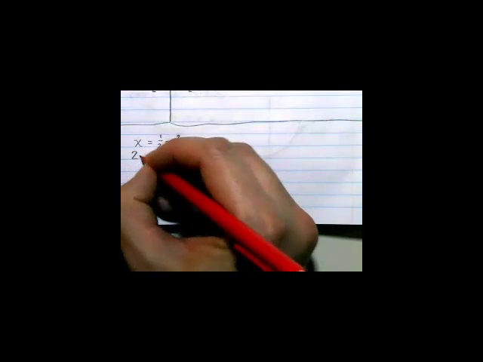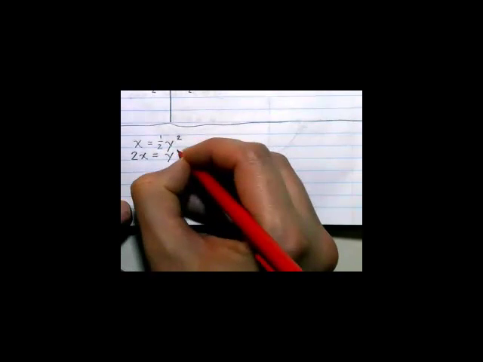Okay, well, we've done this sort of thing before. So somebody give me a first step. What should I do? Multiply by 2. Okay. So 2x equals y squared. Okay, and then what? Square root.